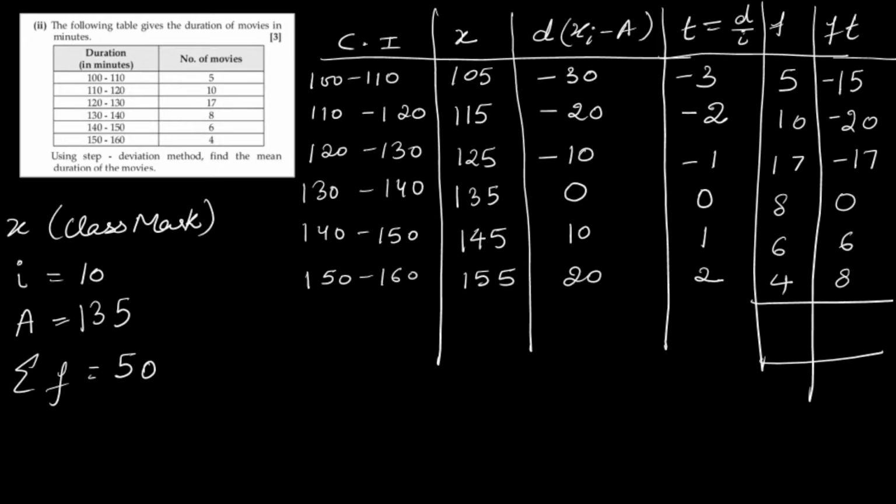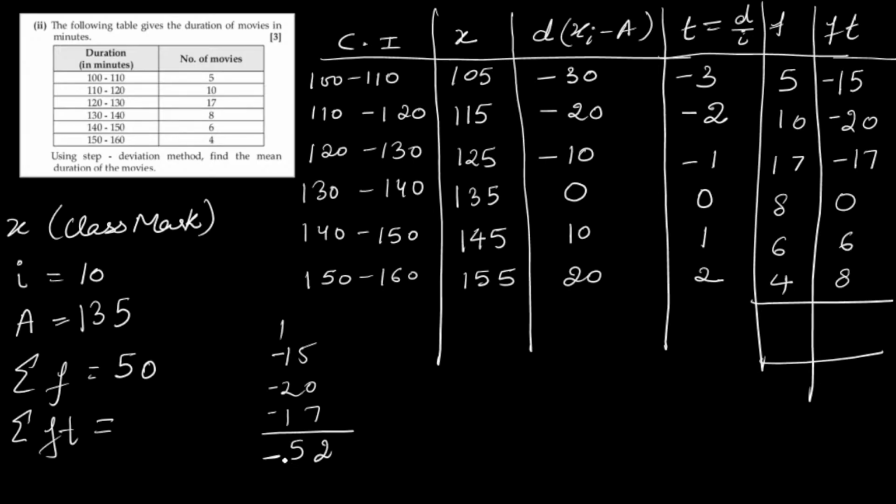What's the total? We have to find sigma ft, the sum of all the terms. Add the negatives first, because minus minus is all plus: minus 15, minus 20 and minus 17 get added. 5 plus 7 is 12, 1 carry, 1, 2, 3, 4, 5. So minus 52.